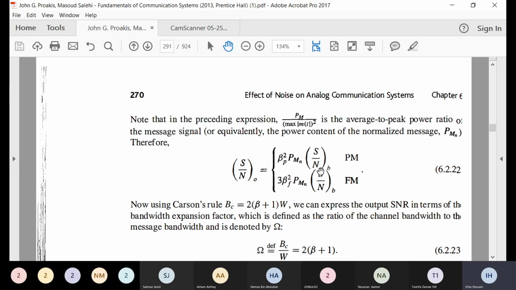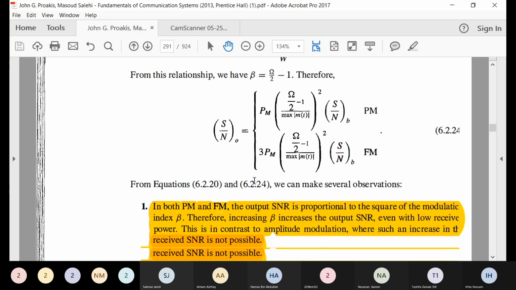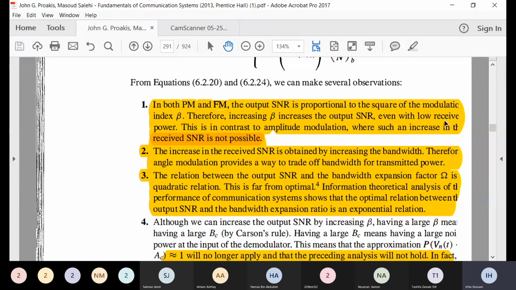So even if your signal to noise ratio at the baseband level is low, but if your beta is high, you can get a good signal to noise ratio at the output. By having a high value of beta, you can get greater SNR at the output.